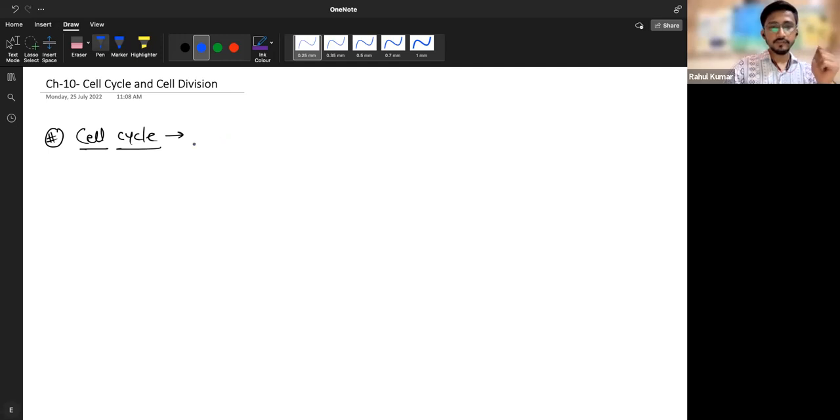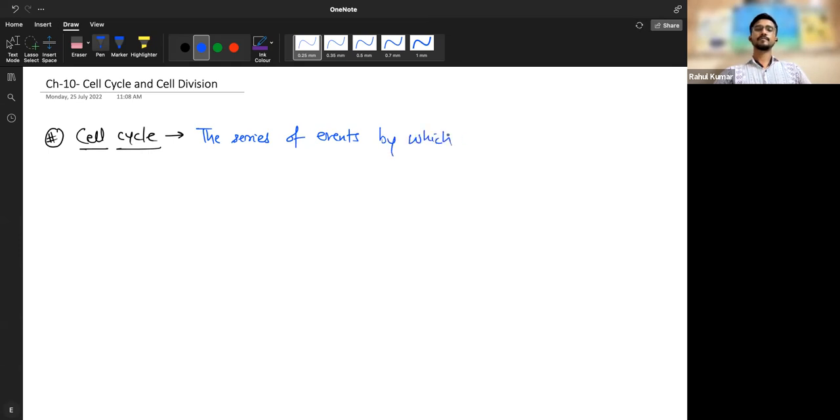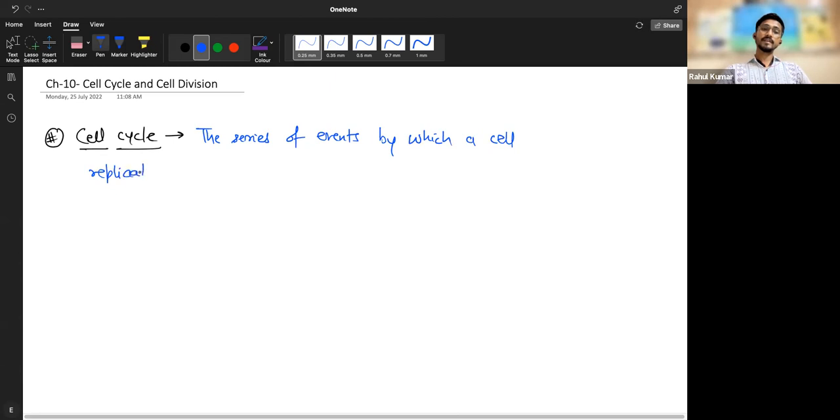Cell cycle is the series of events by which a cell replicates its genome, which is DNA.